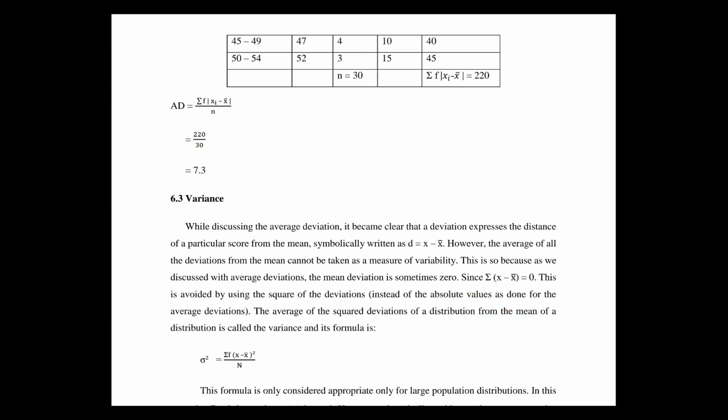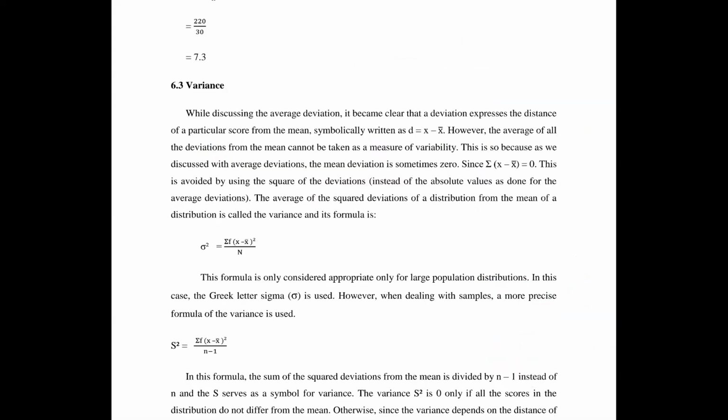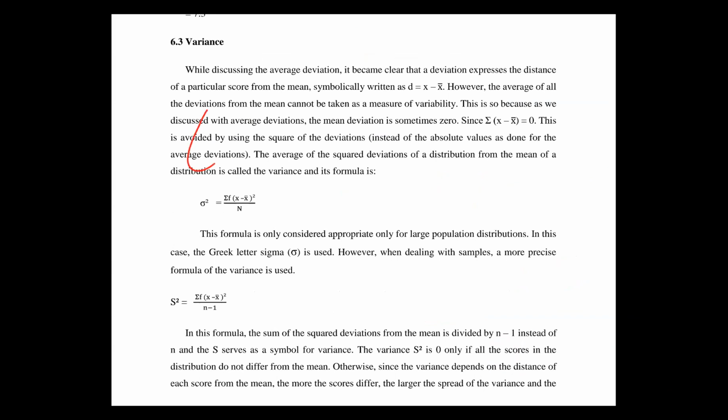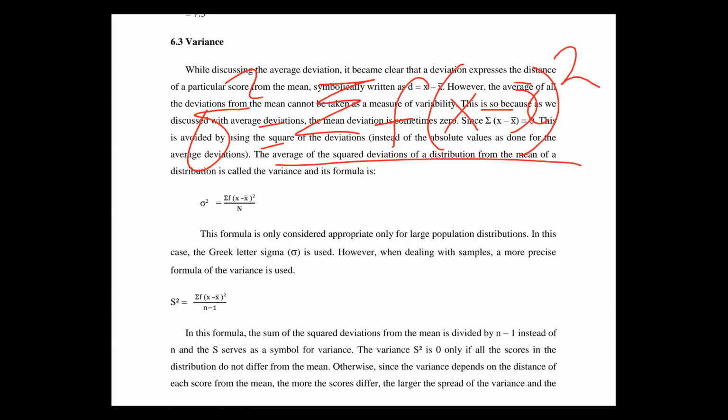If that is clear, then we can look at another measure of dispersion, which is called the variance. If you have understood the average deviation, the variance shall not be a problem. The variance of grouped data is given as the summation of the frequency times the deviation squared, divided by n.